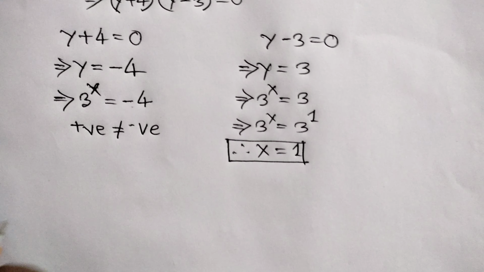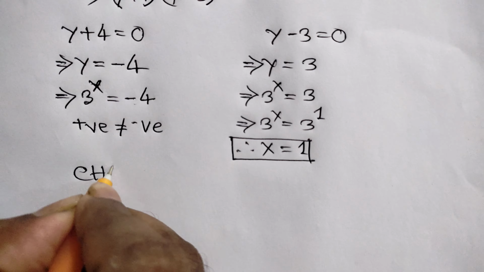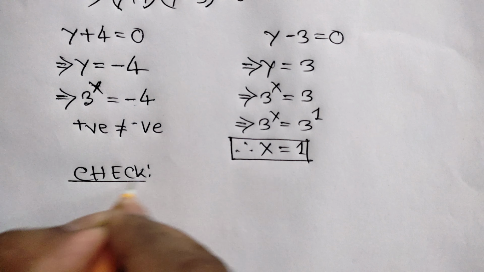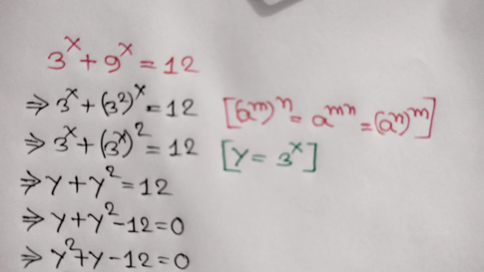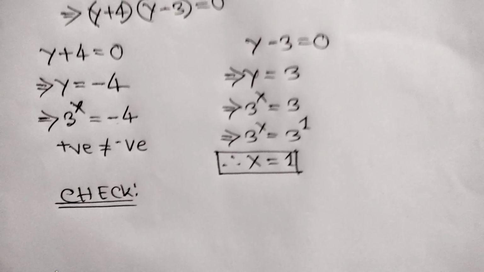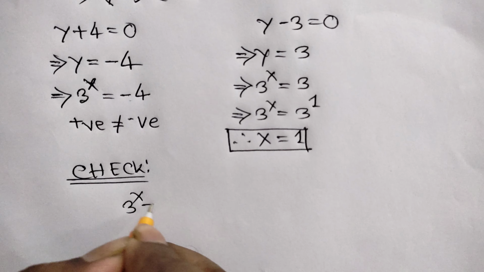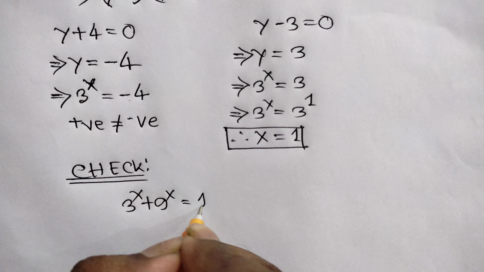Now check. Our question is 3 to the power x plus 9 to the power x is equal to 12.